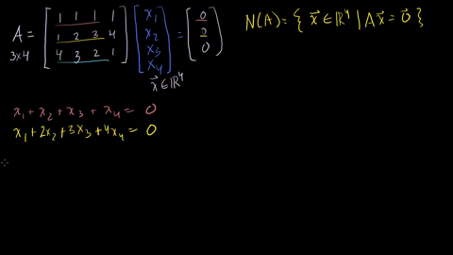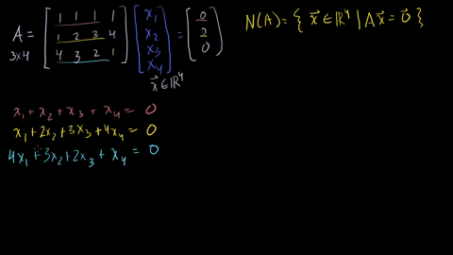So you get 4x1 plus 3x2 plus 2x3 plus x4 is equal to 0.